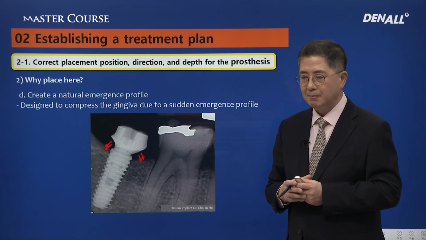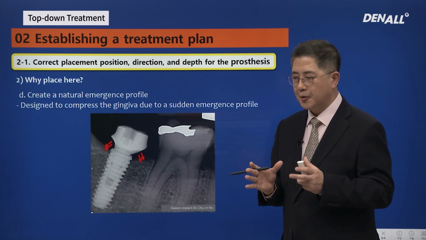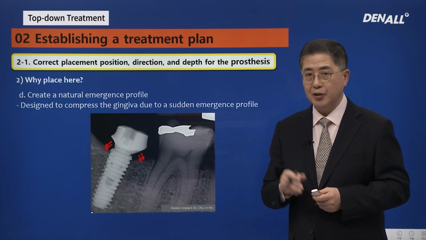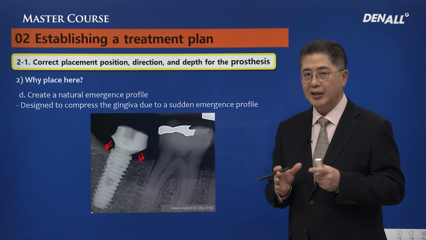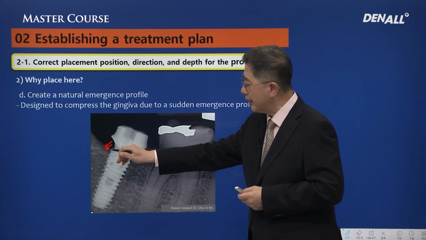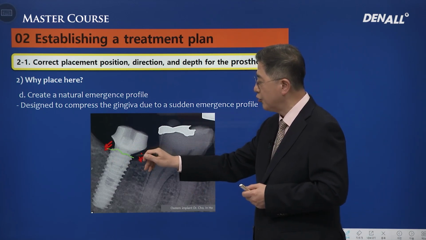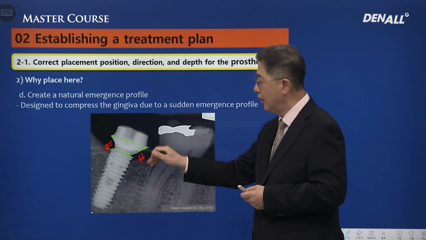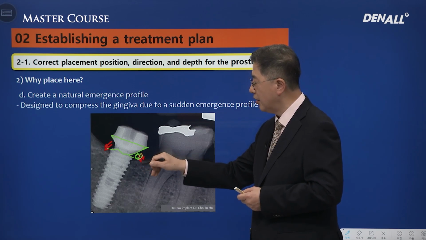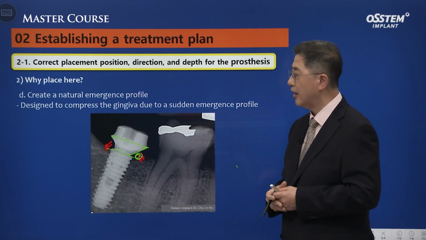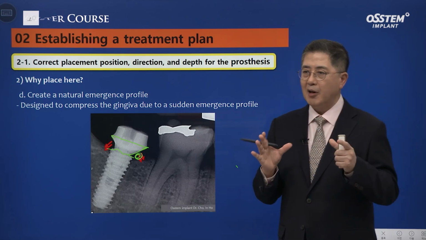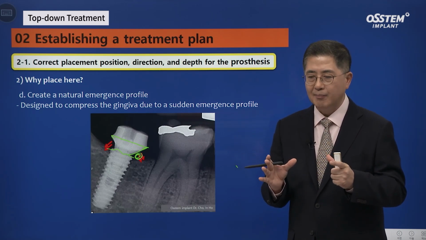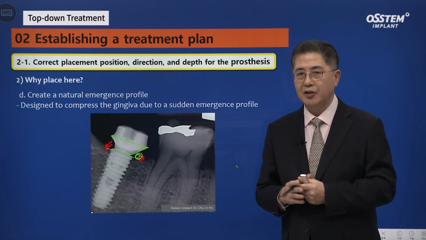While aesthetically pleasing and effective in preventing food impaction, it can lead to a bulkier area, particularly when implants are placed too shallow and the emergence profile is steeply angled to match the diameter of the cervical portion of natural teeth. This can lead to significant issues including gingival inflammation and bone resorption. While the goal of CAD/CAM abutment is to create prosthesis similar to natural teeth, following the exact diameter of natural teeth's cervical portion can be risky.